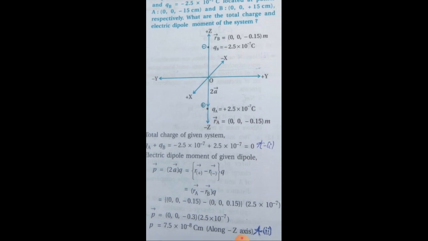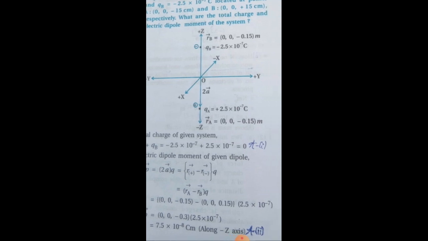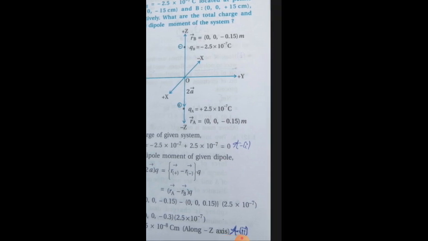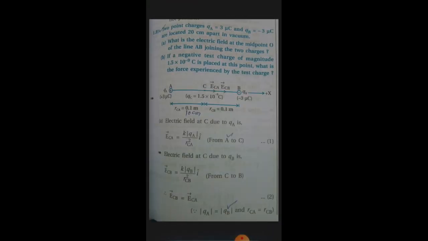You can put a hyphen in between, and its direction will be along minus z axis. That also has to be written. Answer number 2, which I have marked here.